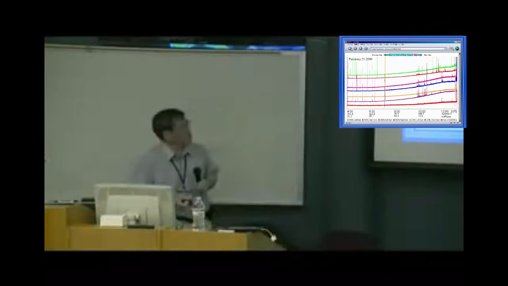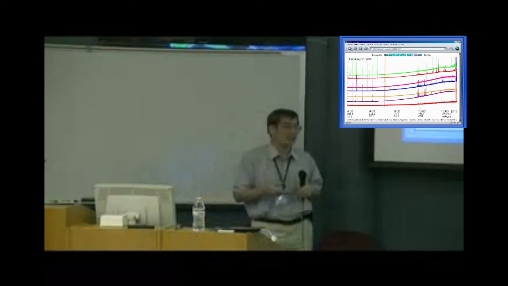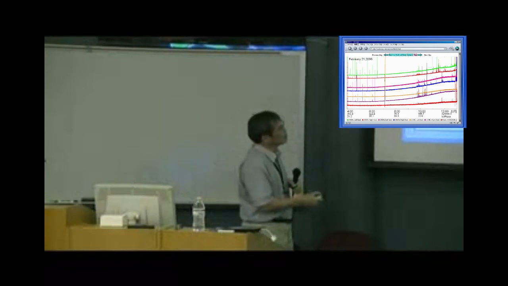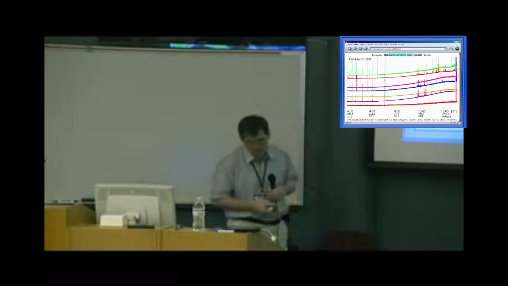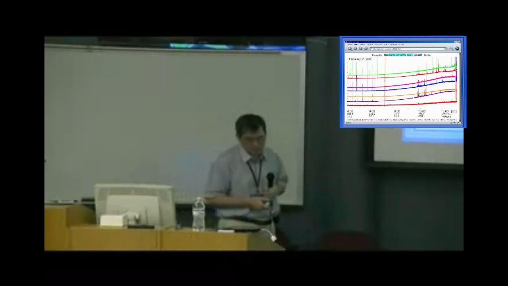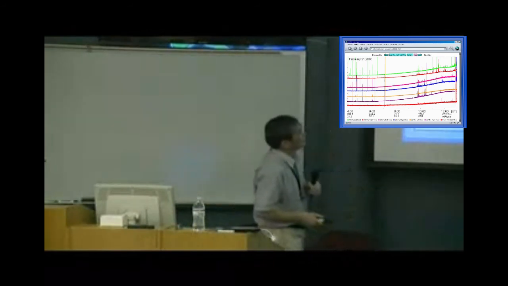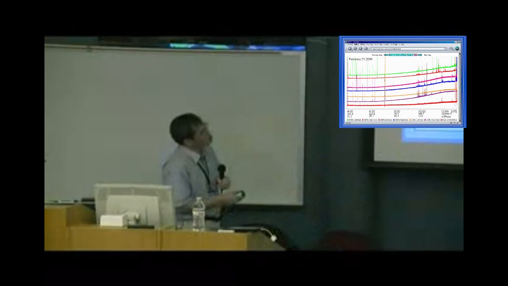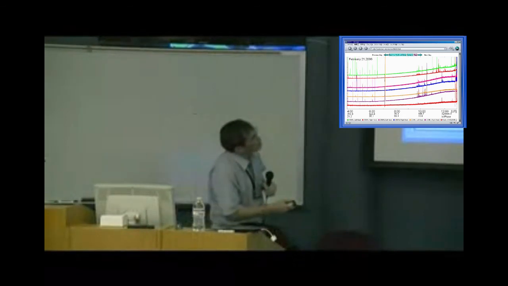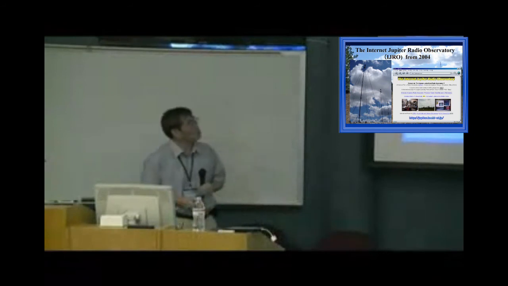It means the radio source is the same source, including left-hand and right-hand emission. That's an important clue to understand this kind of phenomenon. Okay, so the slope is something like this.